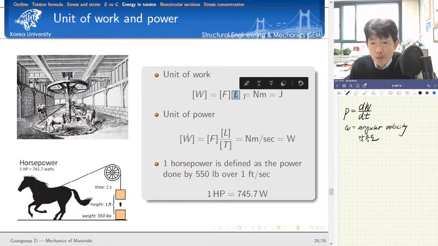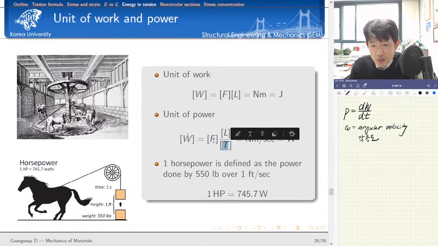That's why the newton times the length unit is given by joule, isn't it, joule? And the unit of power, as I mentioned, is the time derivative of work, so here you put the time derivative. That's why the unit becomes force times the unit of velocity. The unit of power is typically watt.